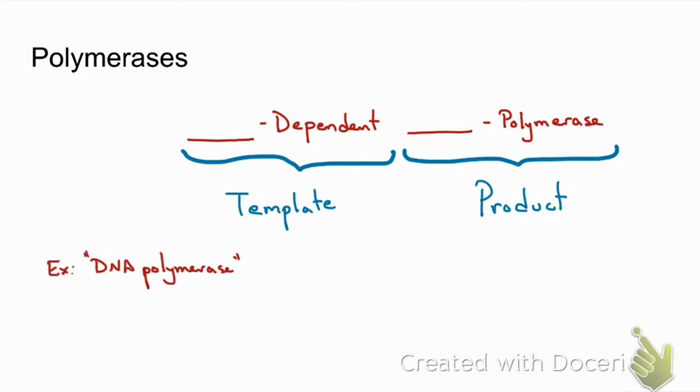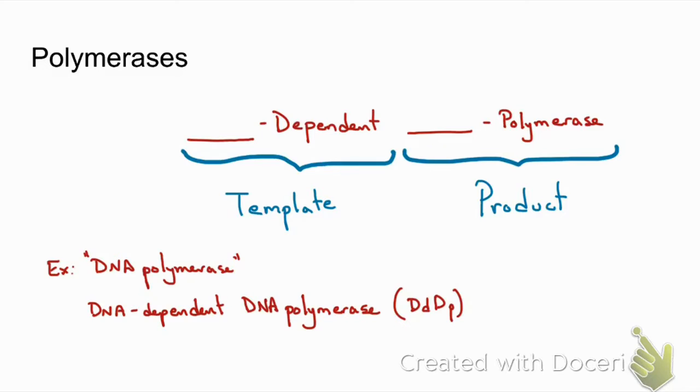So for example, we oftentimes refer to the human DNA polymerase as that molecule that makes new DNA. Well, the formal name for this is that it's a DNA-dependent DNA polymerase, or sometimes abbreviated ddDP. We know that the human DNA polymerase makes a copy of DNA from a DNA template.